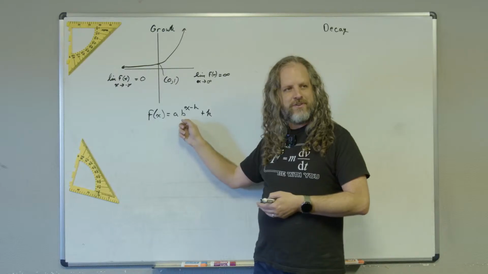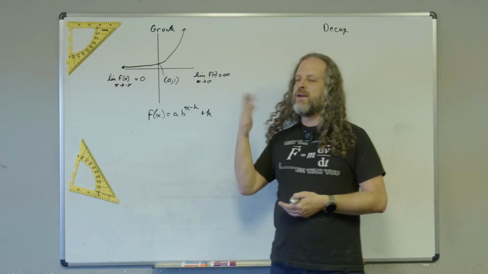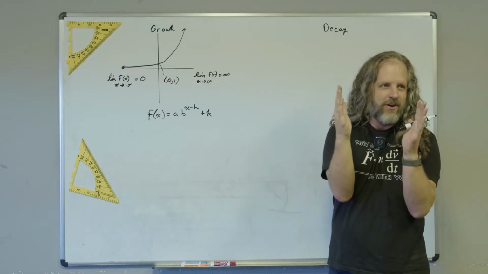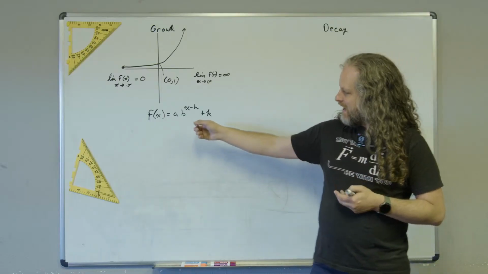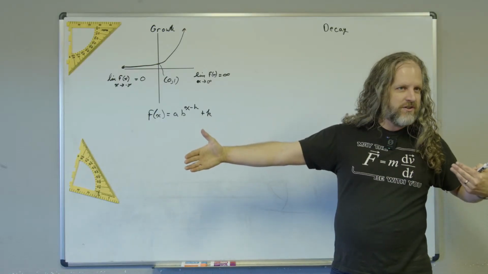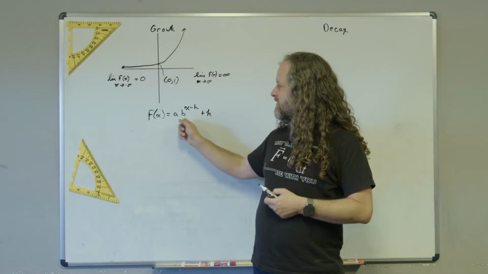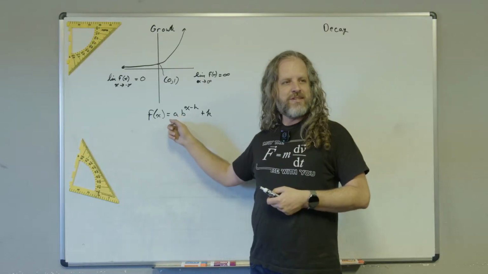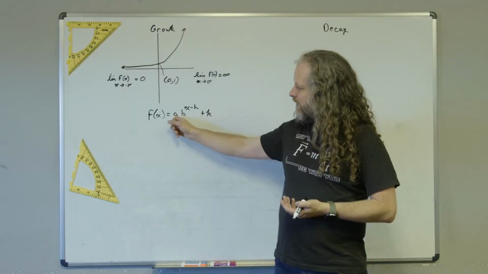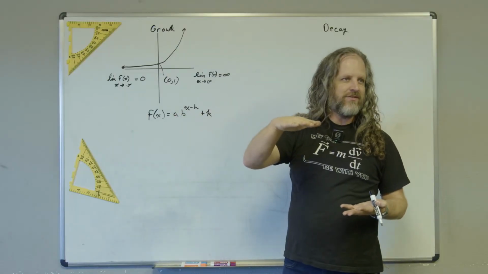It works the opposite of how you'd expect. If it's a big positive number, it's going to compress horizontally. If it's a little bitty fraction, it's going to stretch horizontally, which is the opposite of what you expect. a works exactly like you expect. If it's a 3, it's going to vertically stretch. If it's a 1/2, it's going to vertically compress.